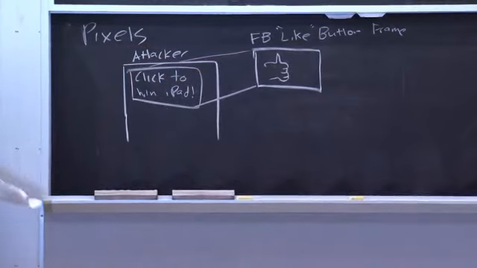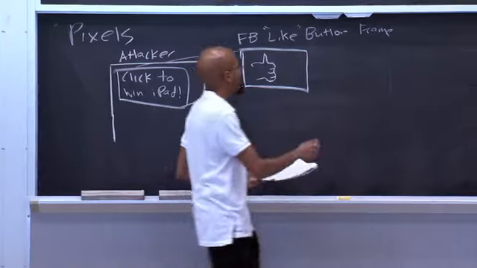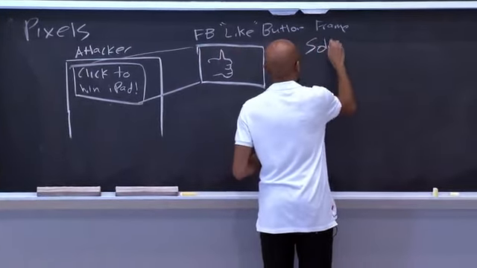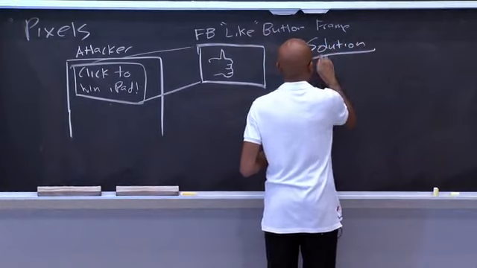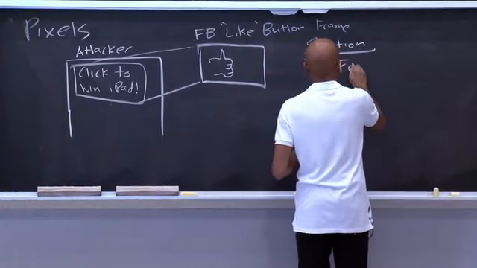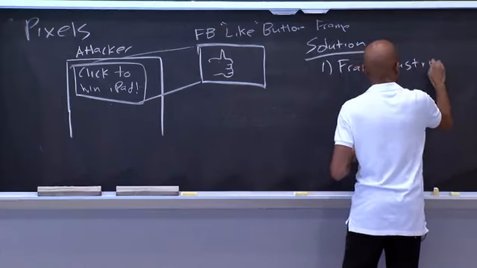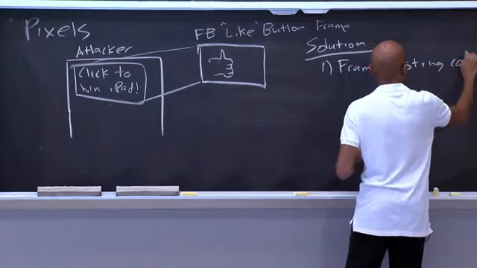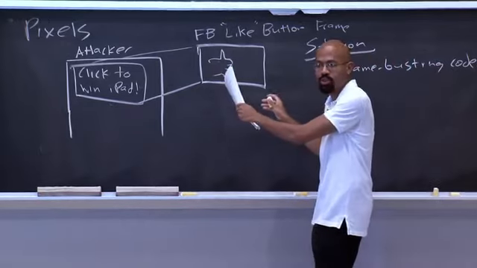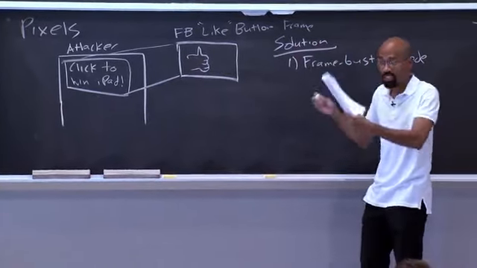Okay, so there's a couple different solutions you can imagine for solving this. The first solution is to use frame busting code. So you can actually use JavaScript expressions to figure out if you have been put into a frame by someone else.